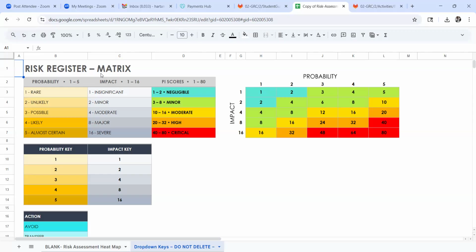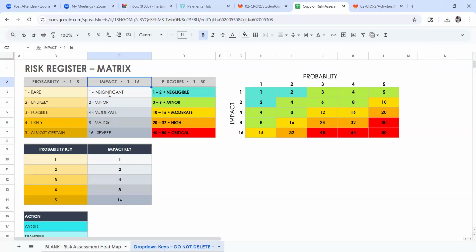Gale Corp categorizes probability, likelihood, and impact. This is the risk registry matrix. Probability is rated based on the expected annual rate of occurrence, 1 to 5: rare, unlikely, possible, likely, almost certain. And then impact is rated based on cost.